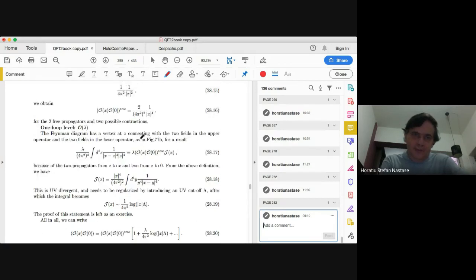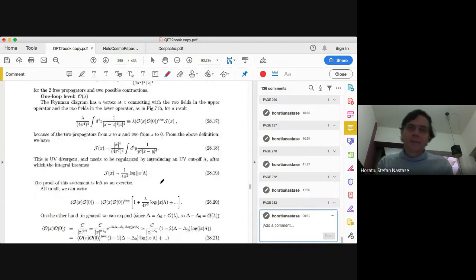So by dividing by the tree value and by lambda, I see that j of x is x to the 4 divided by 4 pi squared times the integral d4y 1 over y to the 4 times 1 over x minus y to the 4. And you can see that this is divergent.